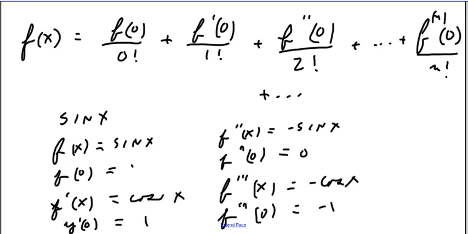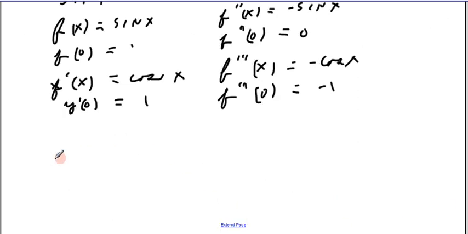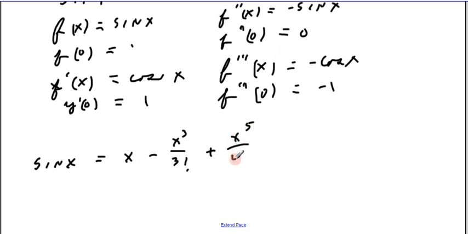So we see that the first few terms of the Taylor expansion for sine x are going to be x minus x cubed divided by 3 factorial, and we can continue that for a long time.